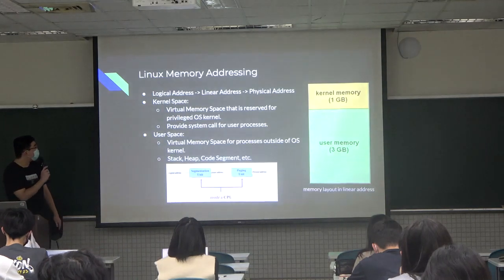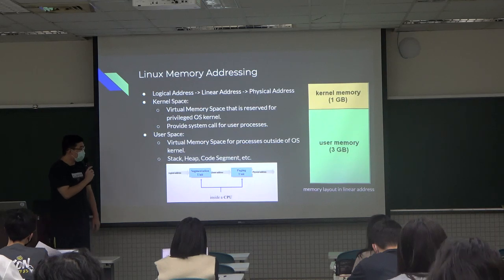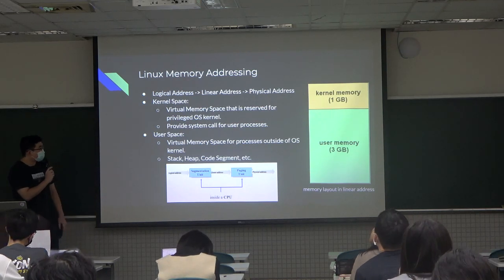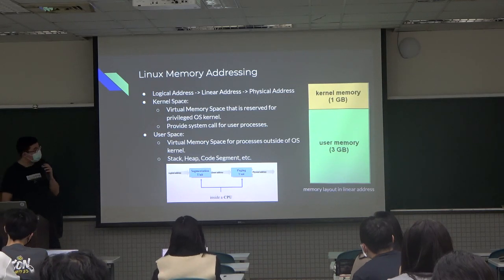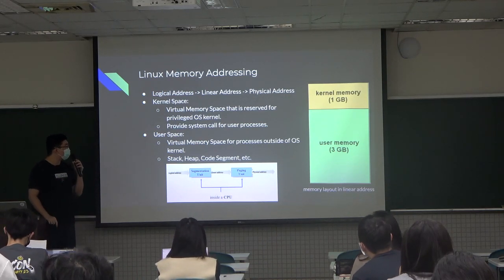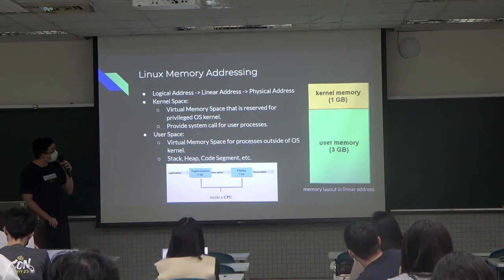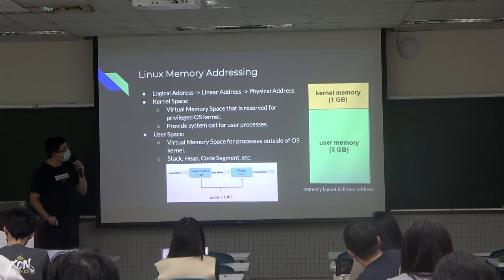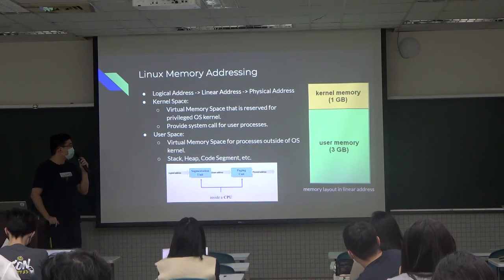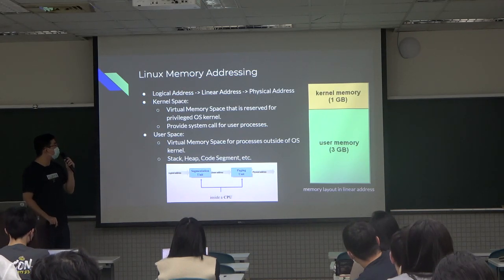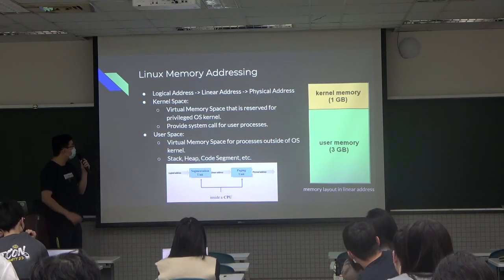So first, this is the Linux memory addressing. In the Linux operating system, every process will have its own memory address. In 32-bit Linux, it will have 4 GB of memory, and it will be cut into 1 GB for kernel space and 3 GB for user space.